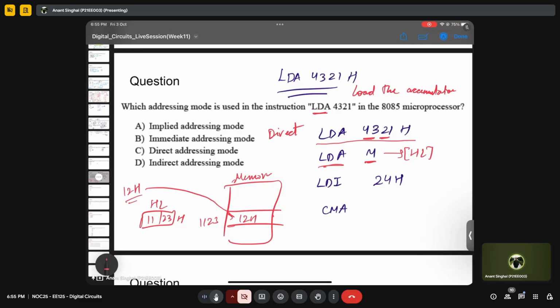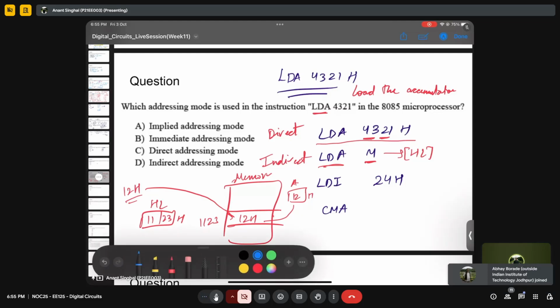So this 12H will be loaded in the accumulator. So the second one is an indirect operation, or indirect addressing mode.